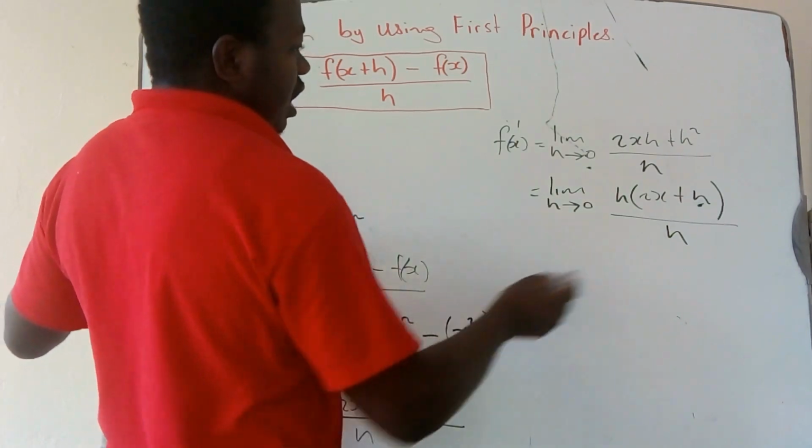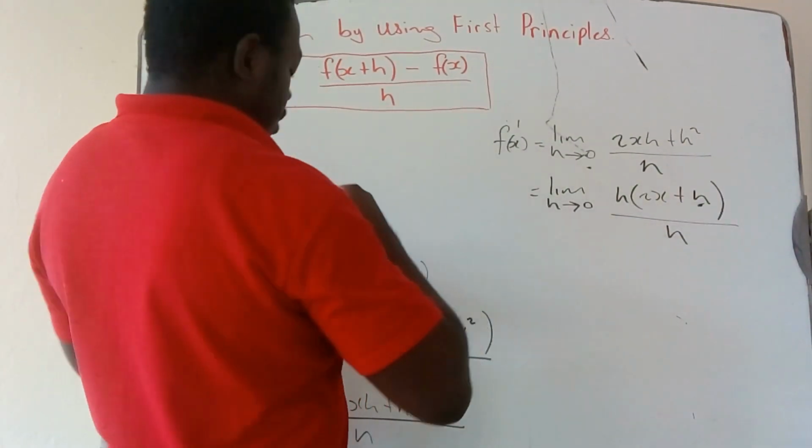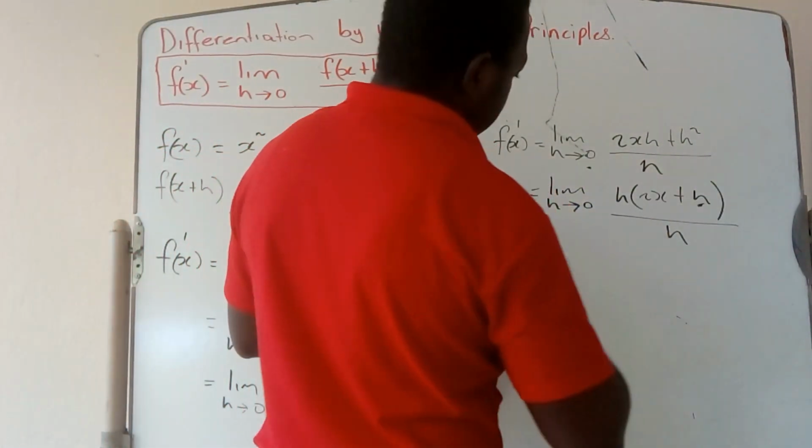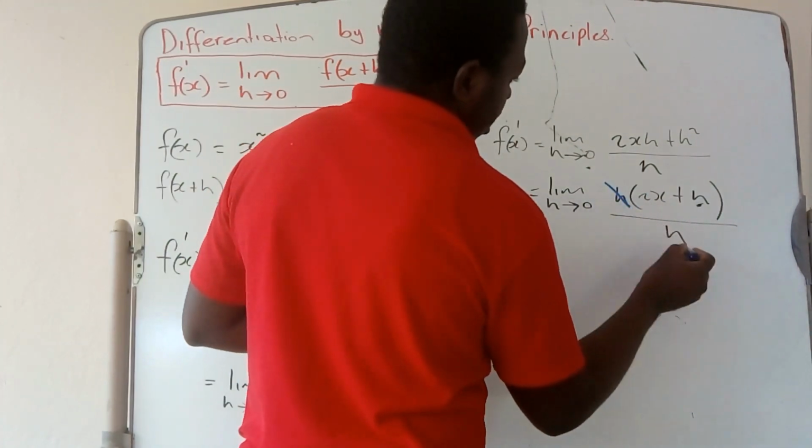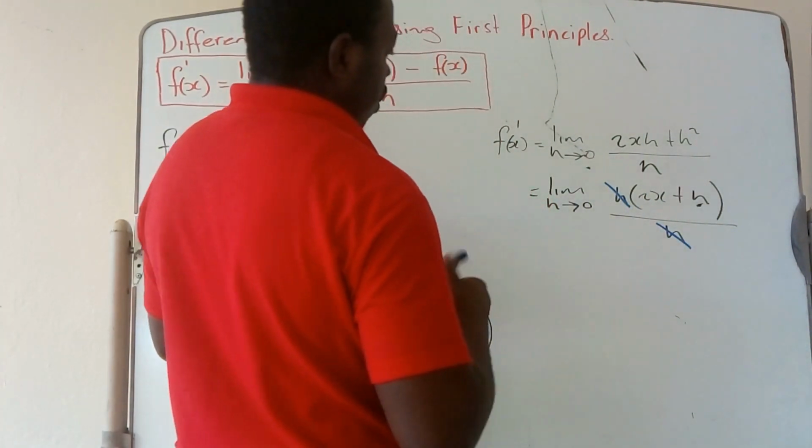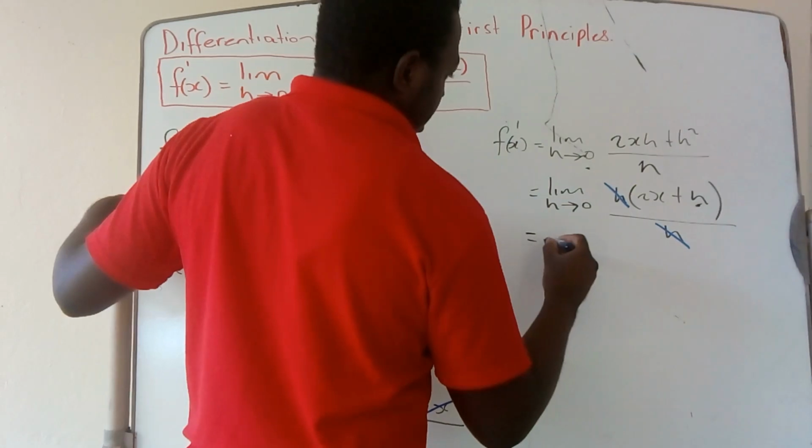So now we can cancel out this h. Here we have an h multiplying all of this, so this h cancels out this h.